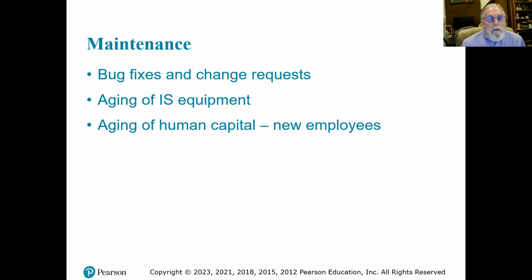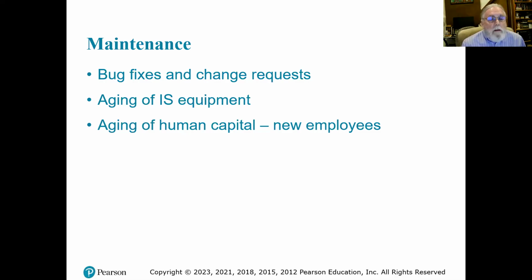So there can be some unanticipated things that come on and say, okay, you've got to fix the bug. There can also be change requests. The director of manufacturing says, I'd really like it if I could have a report that did this. So you may have to address those.